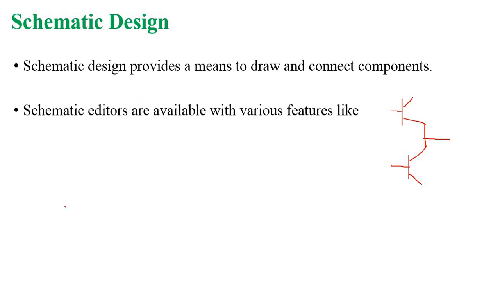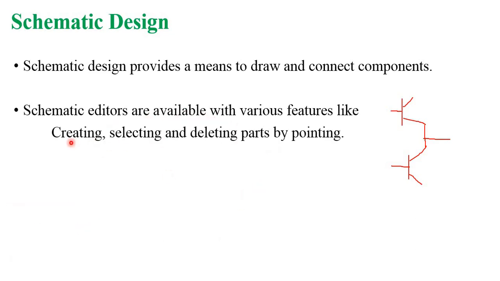The schematic editors are available with various features. One is creating, selecting and deleting parts by pointing. A window is present in the schematic design, and there I can create, select or delete parts by pointing.